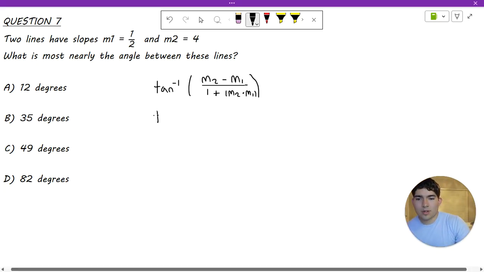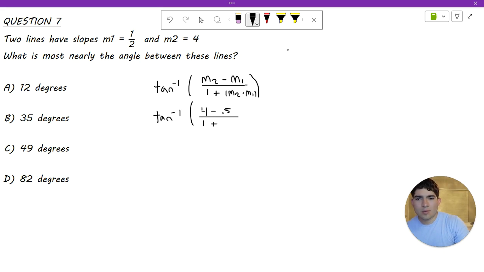So for this one, we're going to just plug our stuff in. So it's going to be tan inverse of m2, in this case 4, minus m1 is 1/2, so I'll just put 0.5 to make it easier putting it in the calculator. And then all of that is going to be over 1 plus m2 times m1.